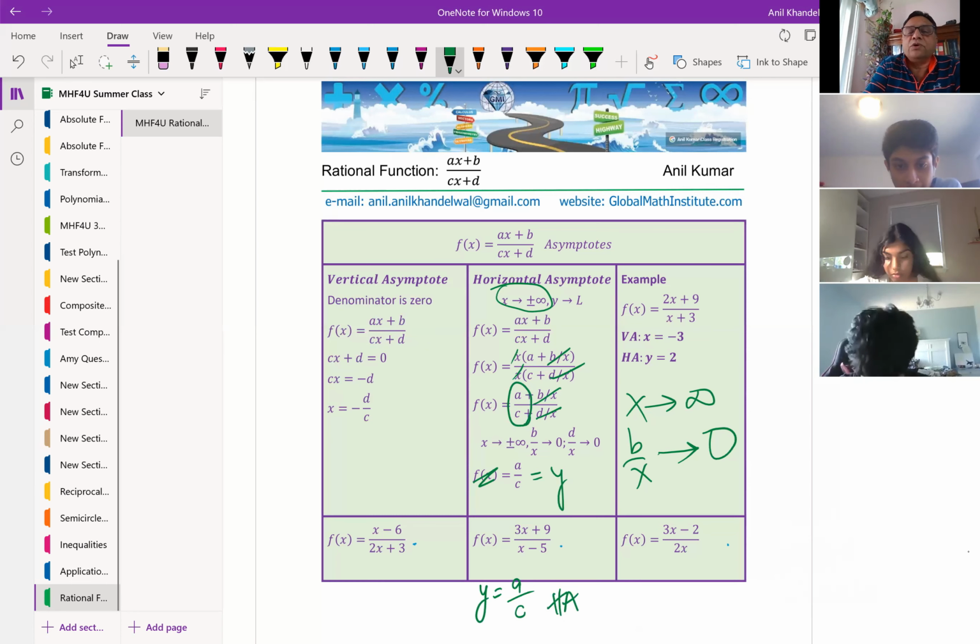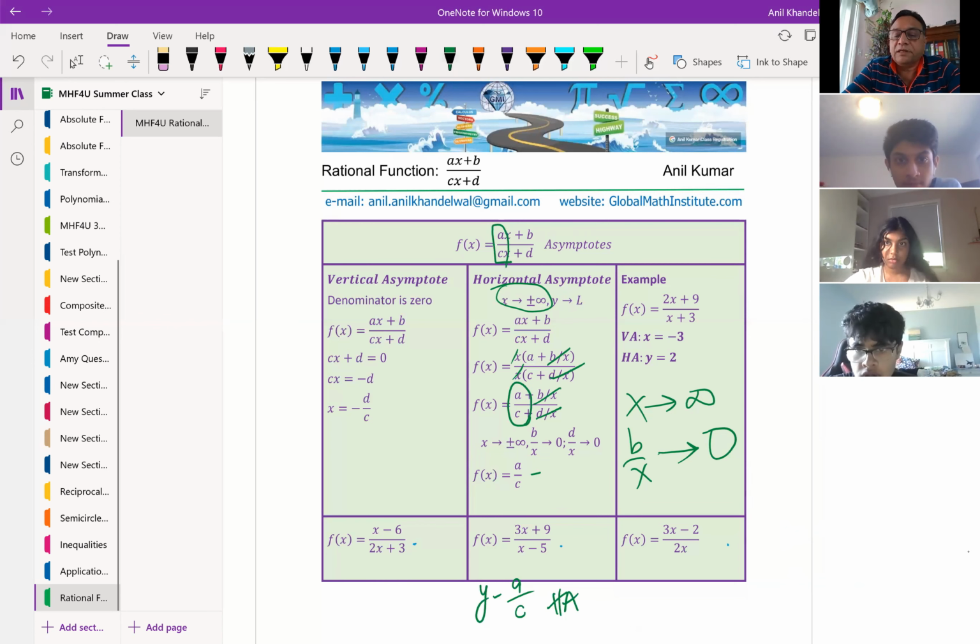It is the ratio of the leading coefficients. So when you have a rational function of the type ax plus b divided by cx plus d, in that case, the horizontal asymptote is a over c. Absolutely simple. There cannot be anything simpler than that.